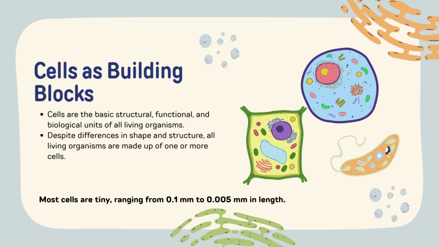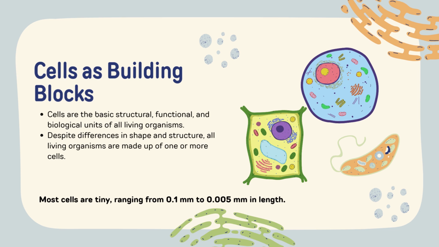The elongated one is the bacteria cell, or the bacteria body, because it consists of one cell. So they differ in their shapes. Also, most cells are very, very small, ranging in size from 0.1 millimeter to 0.005 millimeter in length. This is a very small part of a millimeter.